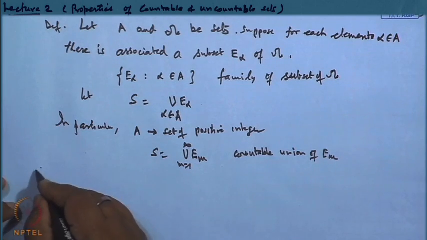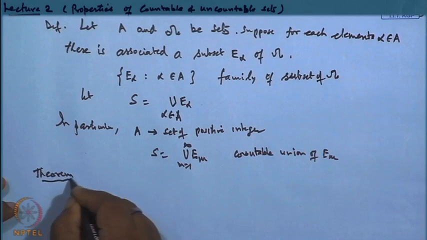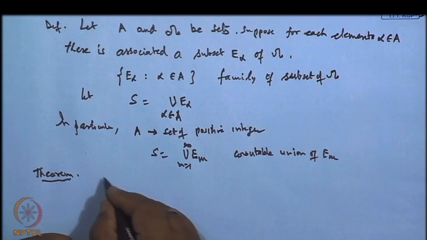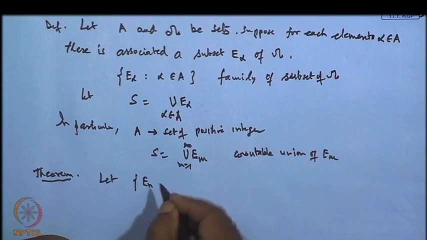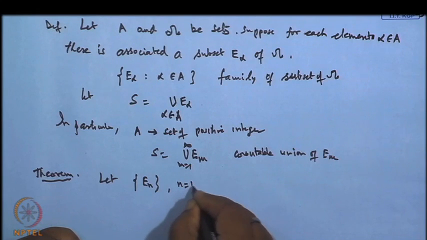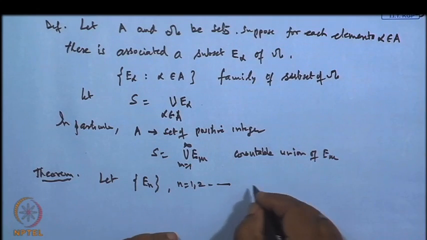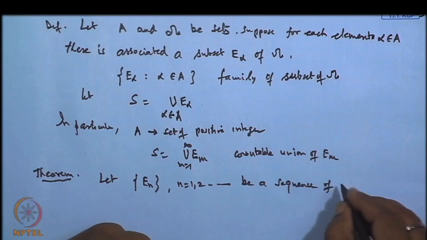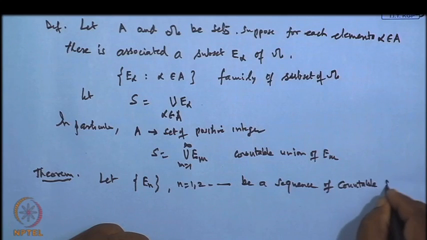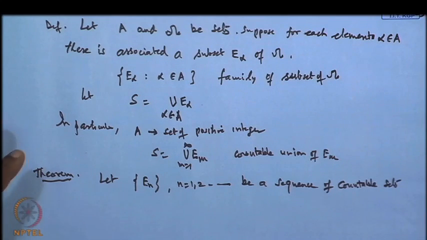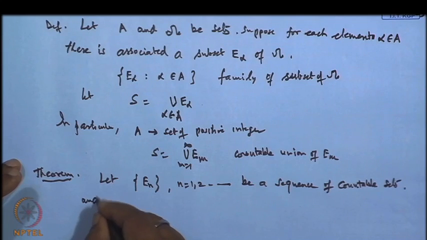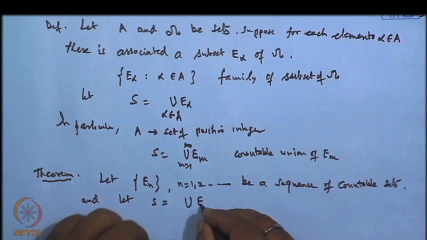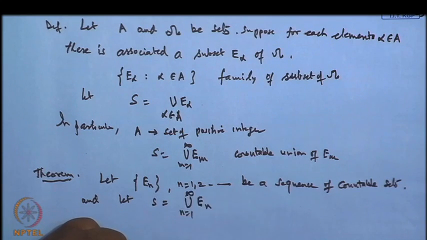Now, let us consider another result on a sequence of countable sets. Let E n, n is 1 to infinity, be a sequence of countable sets, and let S be the countable union of E n's, n is 1 to infinity.